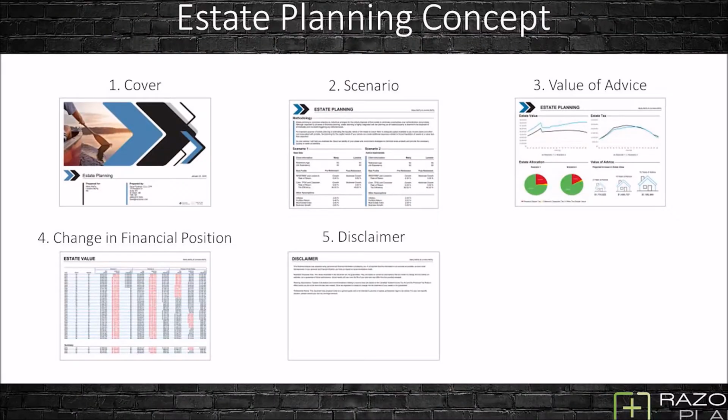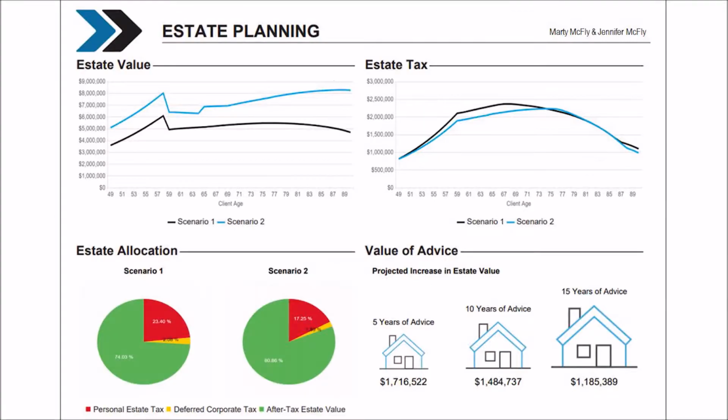But just how much? What kind of value? I could call this a corporate estate bond, a corporate estate shelter, a corporate this, a corporate that. It doesn't matter. It's estate planning. So I'm going to pick up the estate planning, and again I'm going to first focus on value. The value of advice over the next 15 years: $1.2 million greater estate value.